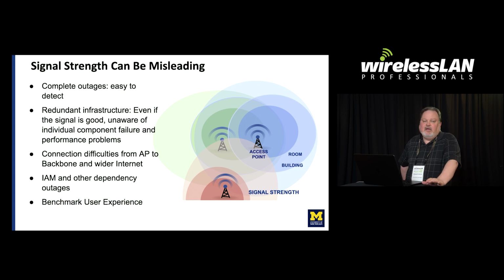There's also a lot of dependent infrastructure, such as the identity management system. Your entire Wi-Fi stack could be working fine, but if your identity management system isn't functional, then your users are not going to be able to get on the wireless, and they'll probably give you a false complaint saying that Wi-Fi is down.